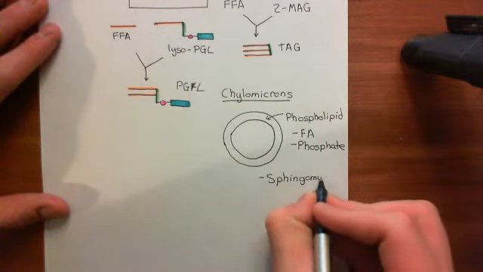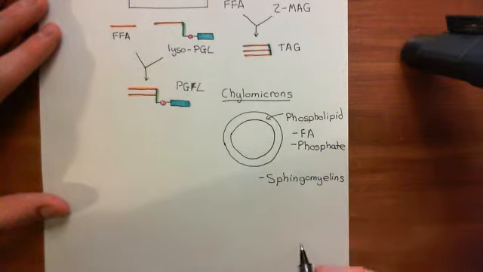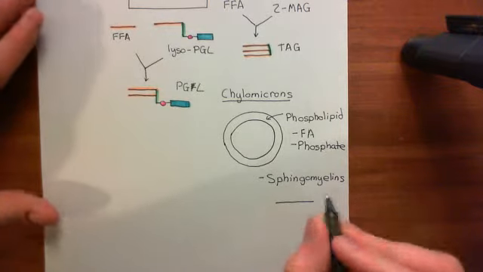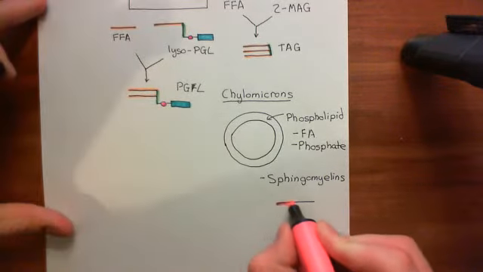There are certain types of lipid molecule called sphingomyelins, and basically these are structures which have sphingosine as their backbone. So rather than glycerol, they have a molecule called sphingosine as their backbone.